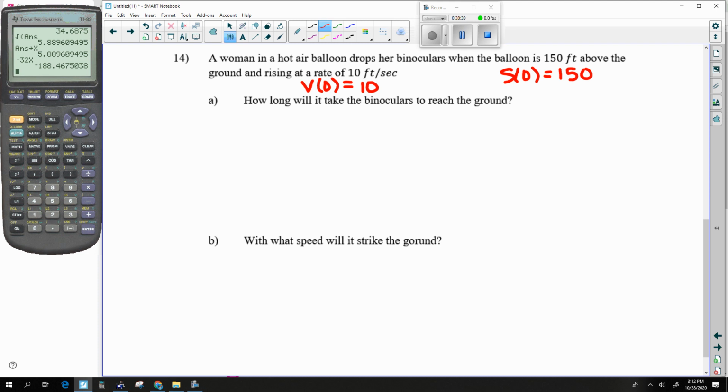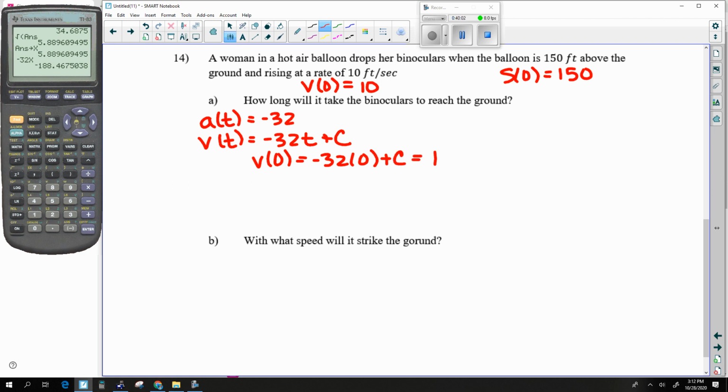All right, so let's start off with gravity. We're talking about feet. So gravity with feet is -32 feet per second squared. So that means velocity is equal to -32t plus c. Put in that initial condition of time is 0, and that's moving at positive 10 feet per second.